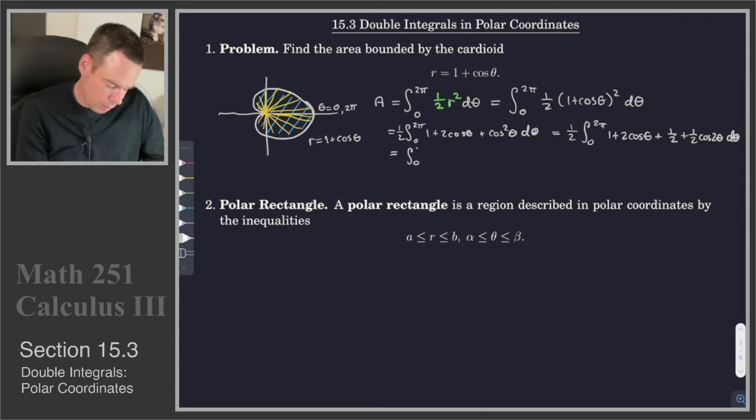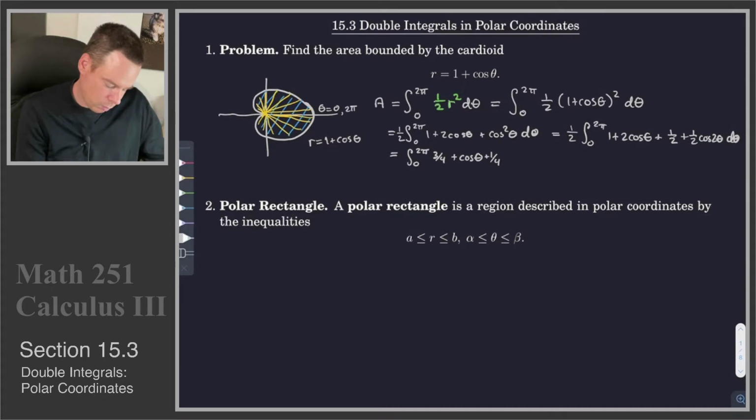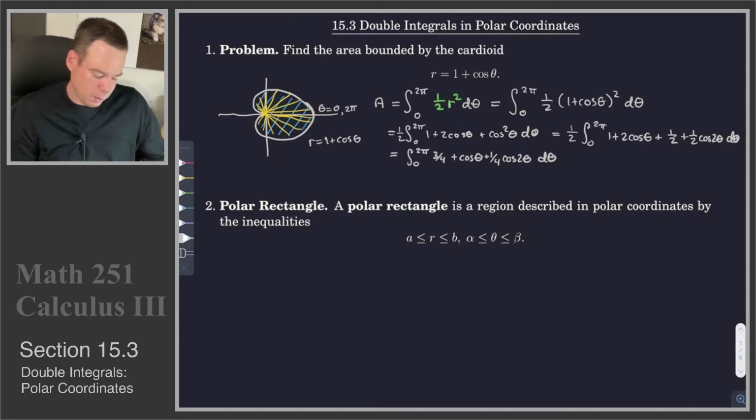So the integrand becomes 1 plus a half, so that's 3/2, times another half, so that's 3/4, and then 2 cos theta times a half, so that's cos theta, and then plus 1/4 cos 2 theta d theta. So a little bit of work to rewrite the integrand in such a way that we can compute its antiderivative.